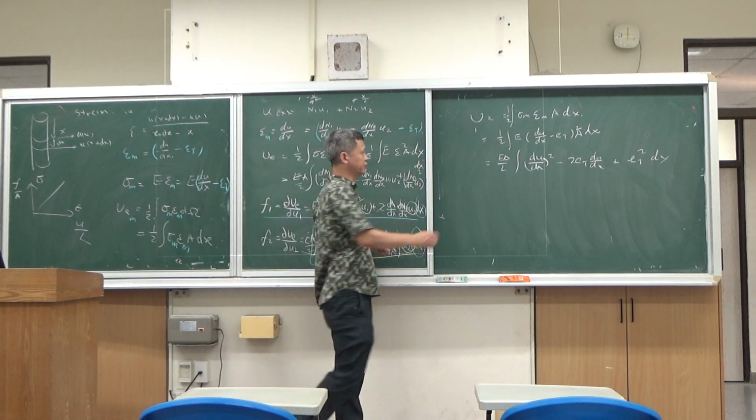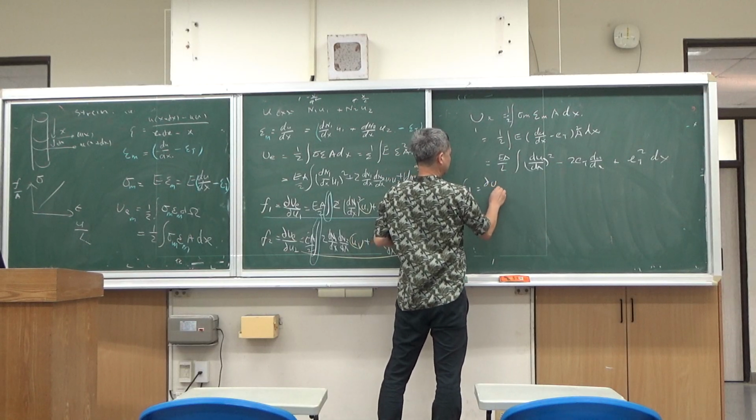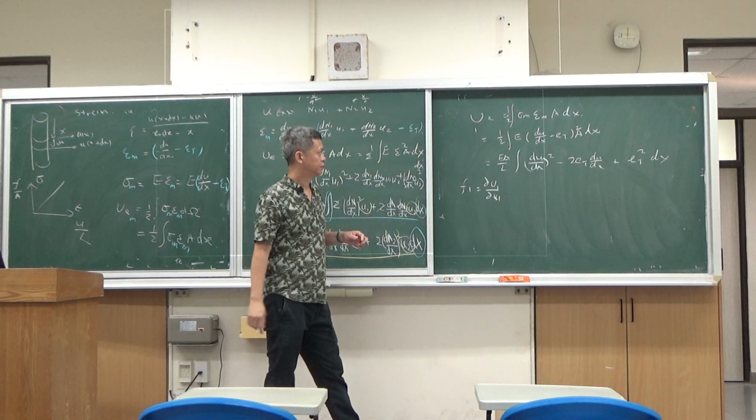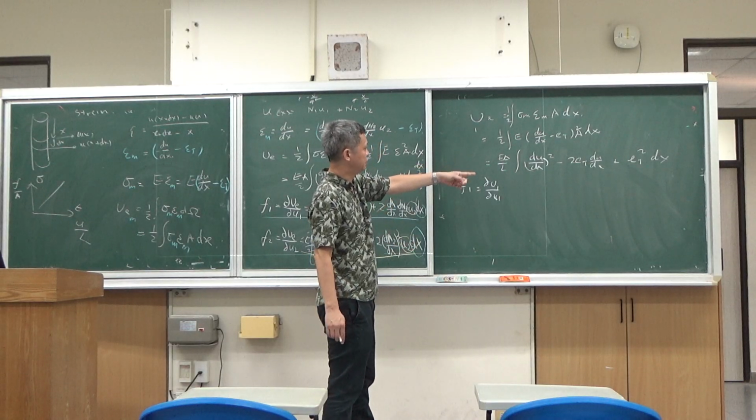If I'm going to find this force, my force one is the partial differentiation of strain energy with respect to U1. Okay? So how are you going to solve this?